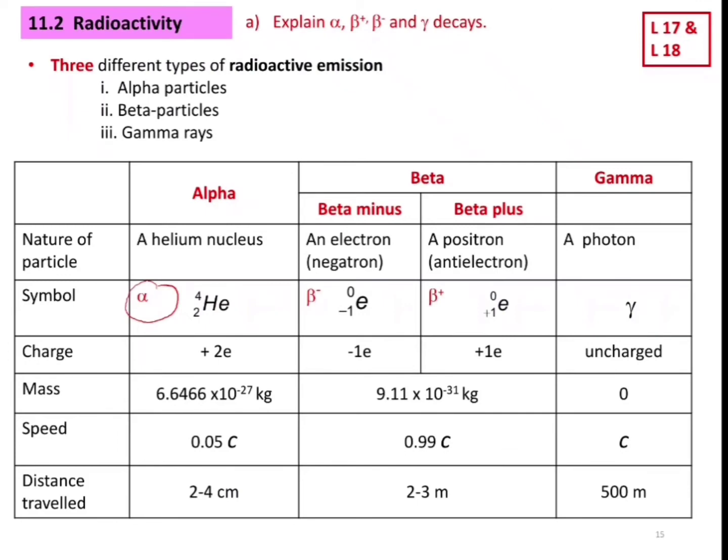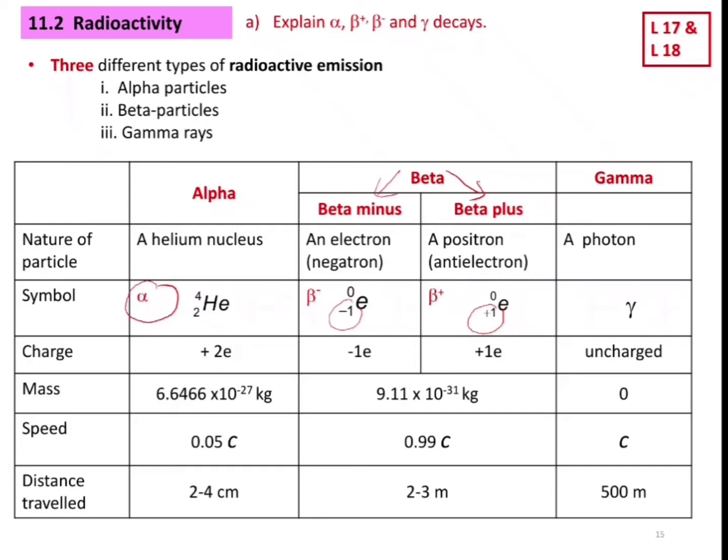Okay, next we have beta. We have two types of beta, beta minus and beta plus. Beta minus has negative charge, beta plus has positive charge. The difference is here we have negative 1, and here positive 1. The other name for beta minus is electron, or negatron, the symbol is e, 0, negative 1. For beta plus, the charge is positive, so it is a positron.